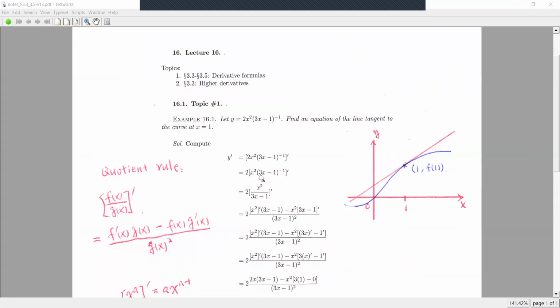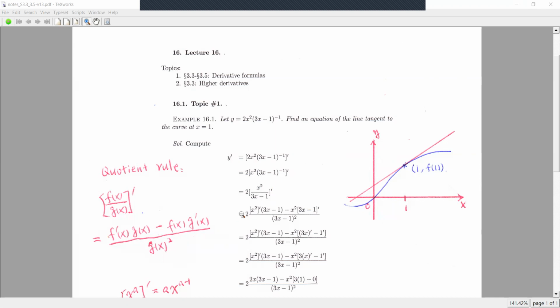The function under the derivative seems to be a product, but actually it is a quotient because the power is negative. To compute the derivative of this quotient, we apply the quotient rule.